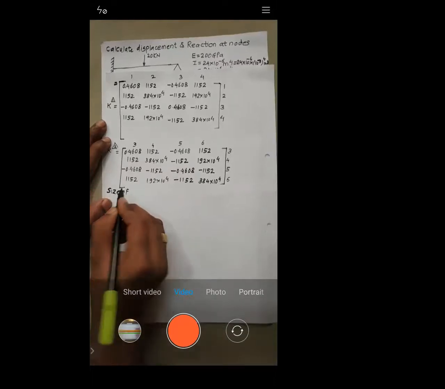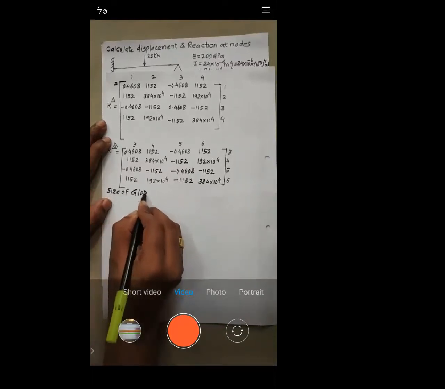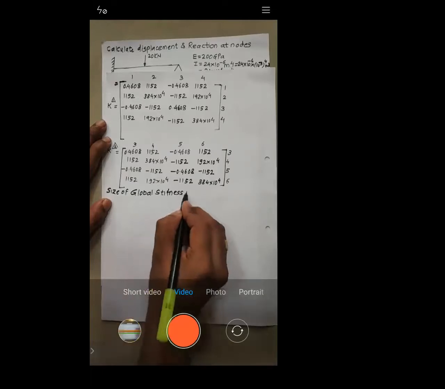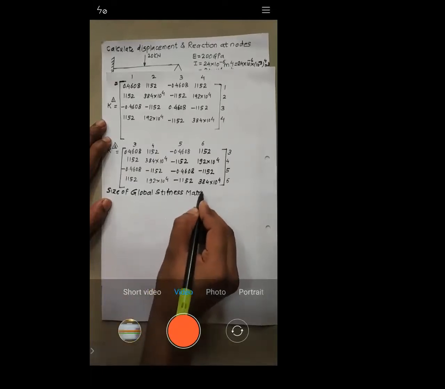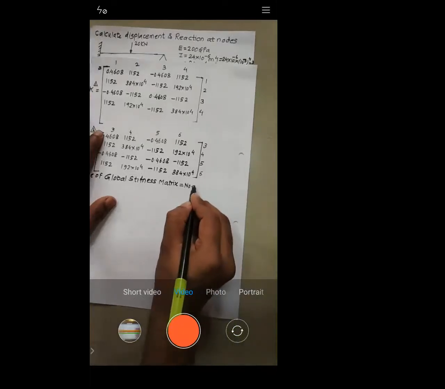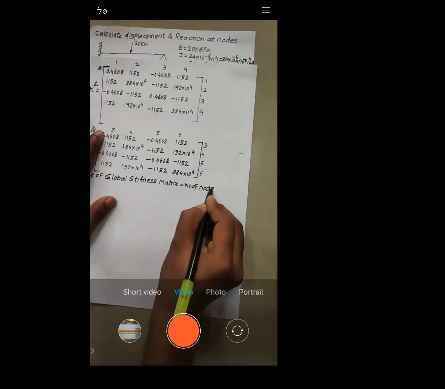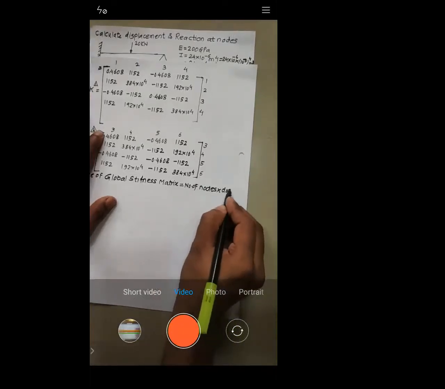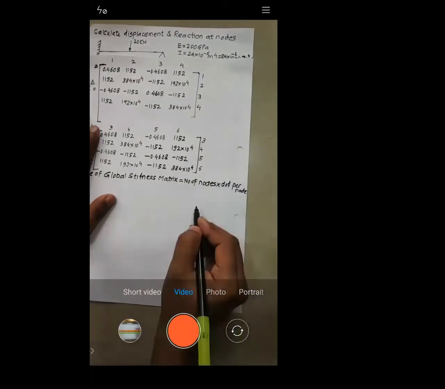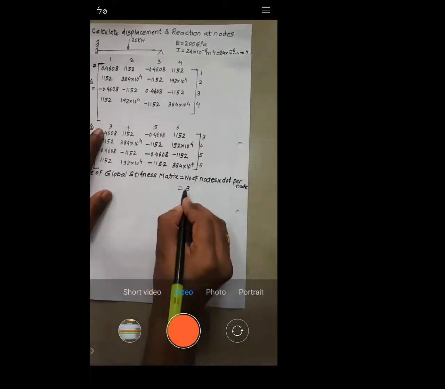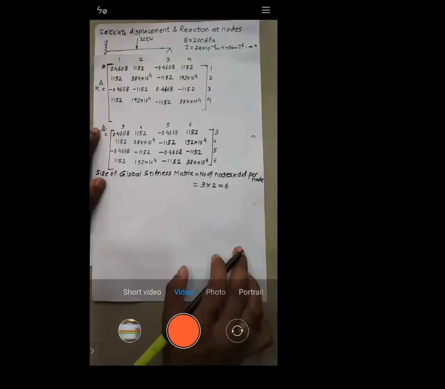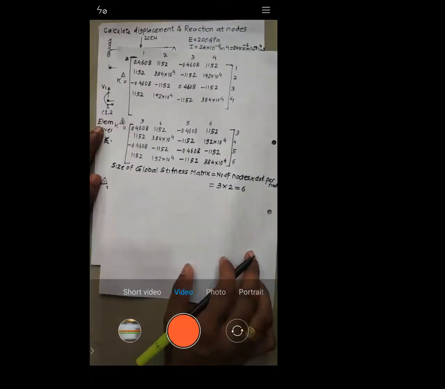Size of global stiffness matrix is given by number of nodes multiplied by degrees of freedom per node. So there are 3 nodes, and each node can move in 2 directions. So size of the global stiffness matrix is 6 by 6.